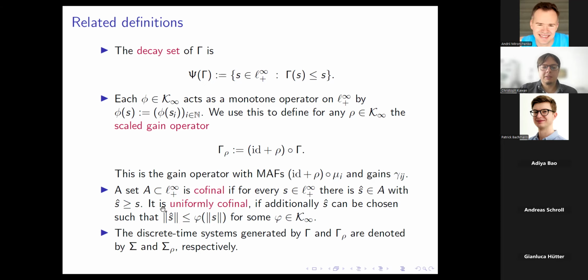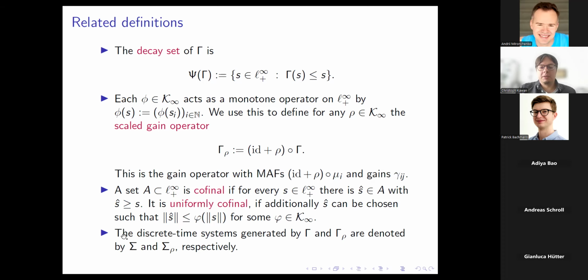And I also need a notion of uniform cofinality, which means that I have the same property, but additionally, I can always choose the S hat such that its norm is bounded by some k-infinity function phi of the norm of S. And of course, this k-infinity function phi needs to be the same for all S. So basically, it says that there exists some phi such that this holds for every S, right?